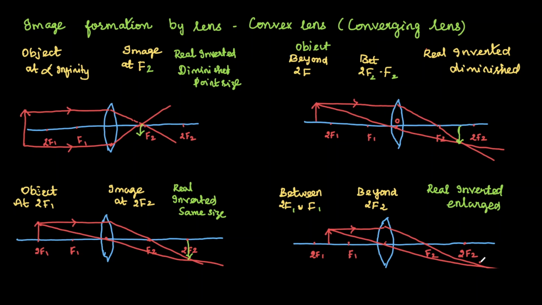They will be intersecting at one point, at which there will be formation of image. The image will be formed beyond 2F2. The nature of the image will be real, inverted and enlarged.